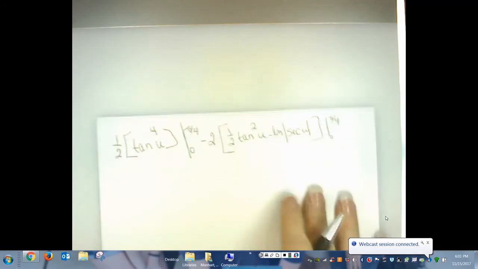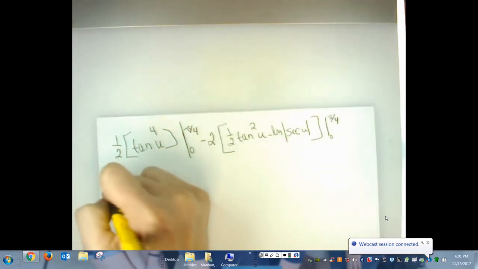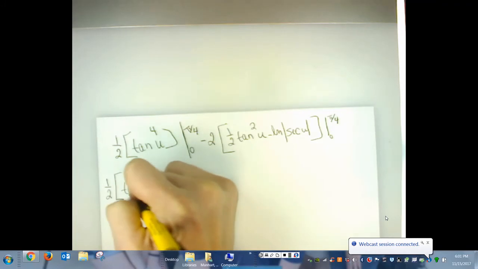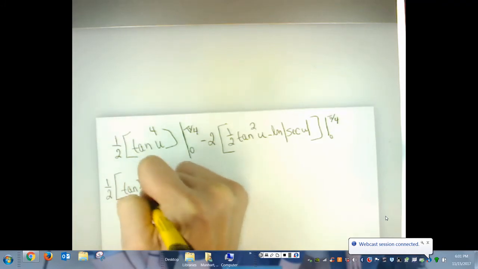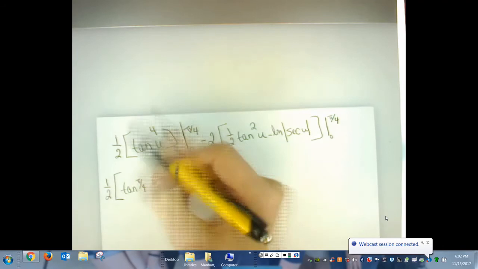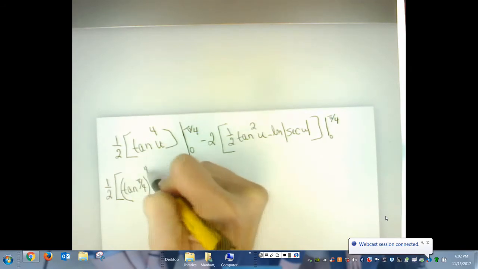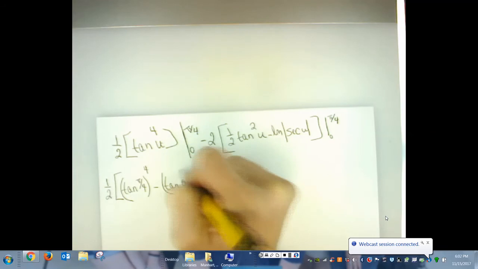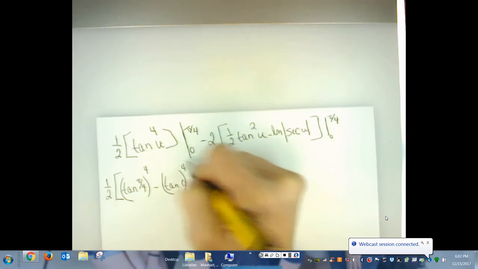So here we go. I'm going to deal with this situation. I'm going to say that's 1/2 tangent of pi divided by 4, and if you think about that, that's raised to the 4th power, minus the tangent of 0 raised to the 4th power.